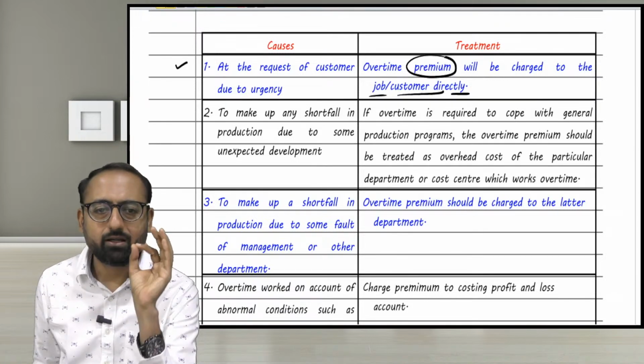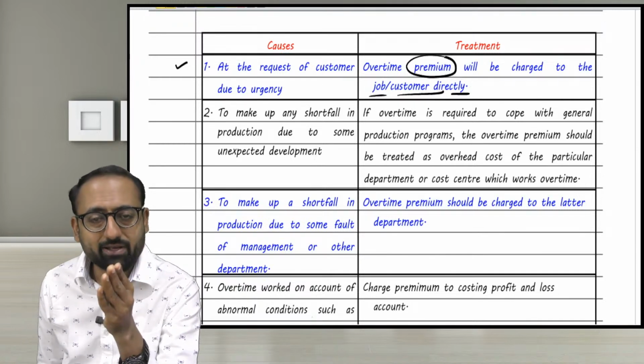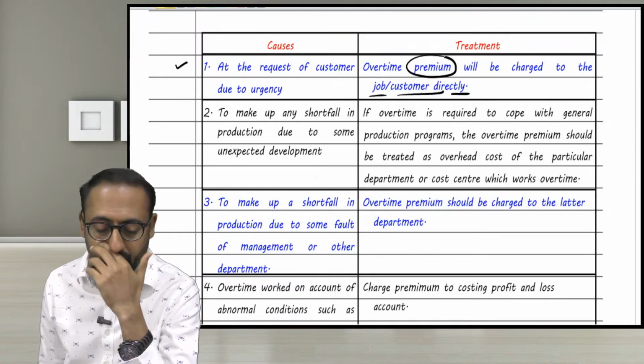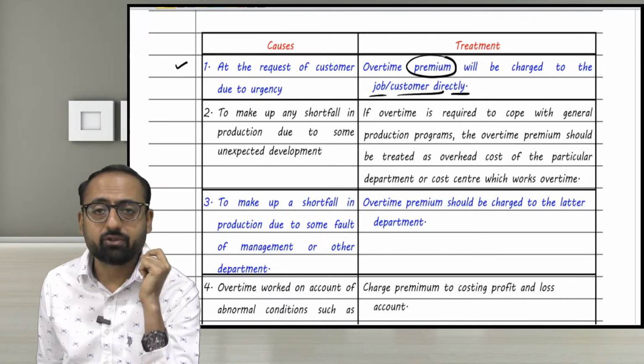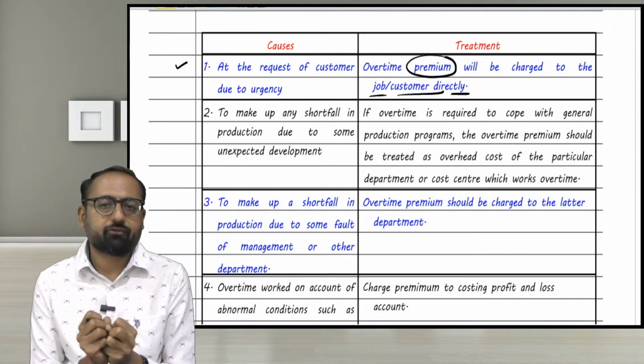The entire extra cost will be recovered from that customer who requested overtime. So the first situation we have covered.